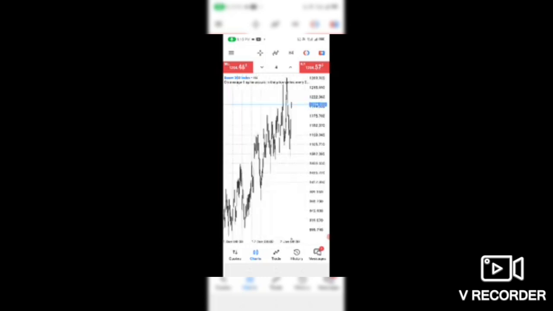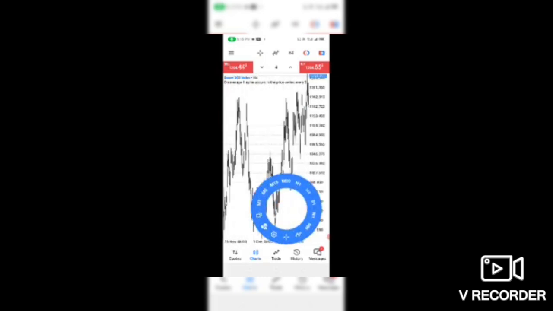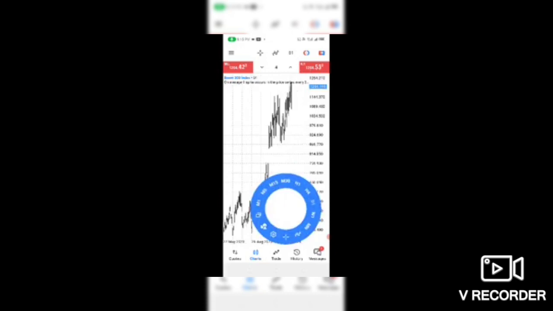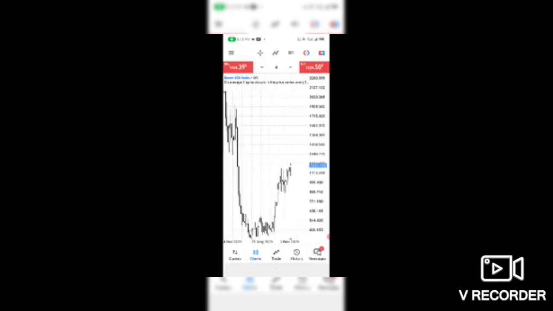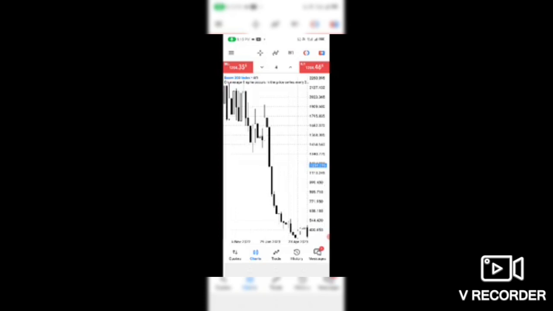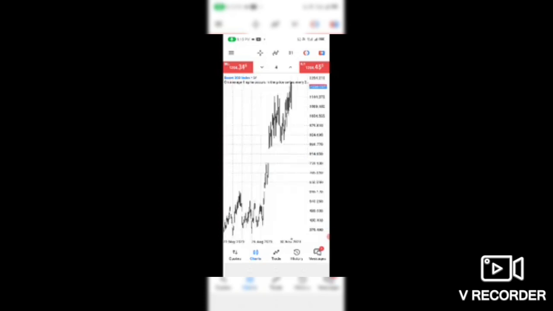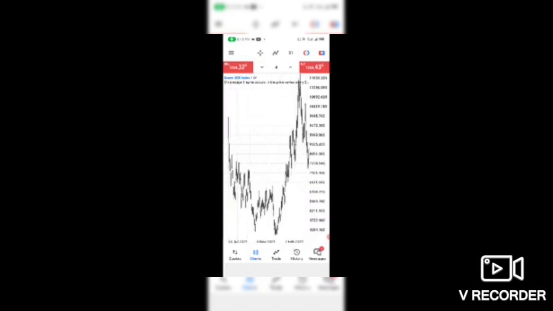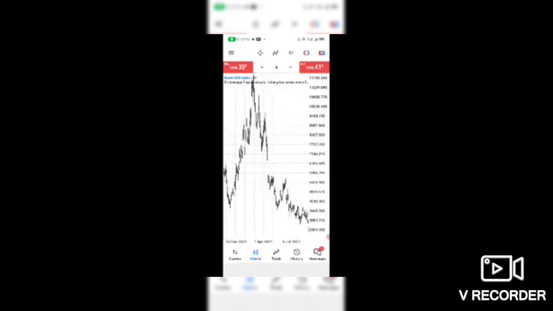Now you need to upgrade to higher time frame to see the truth in that market. Just go to any time frame that can help. Okay, so here I'm in the weekly. Let's manage daily. So this is the daily time frame.